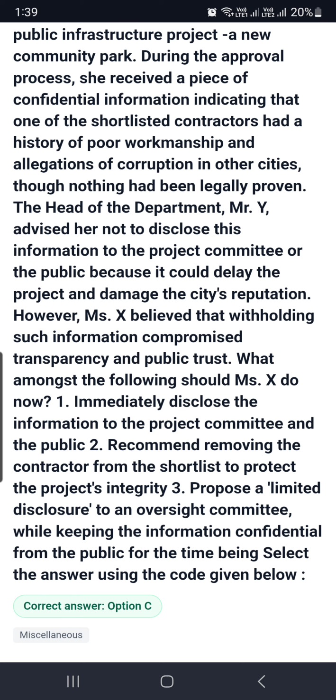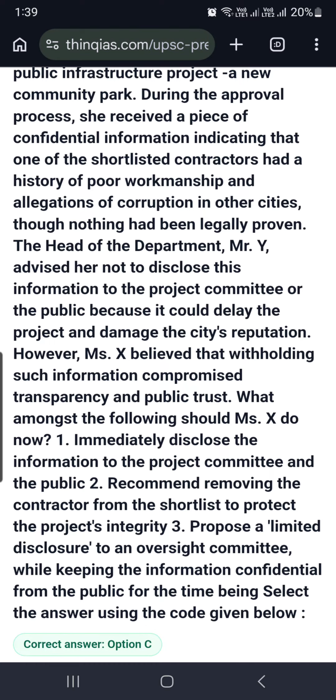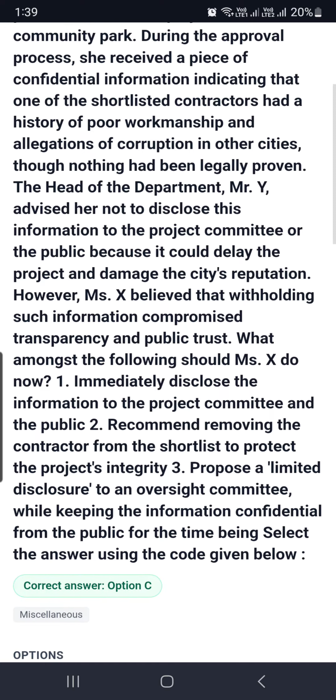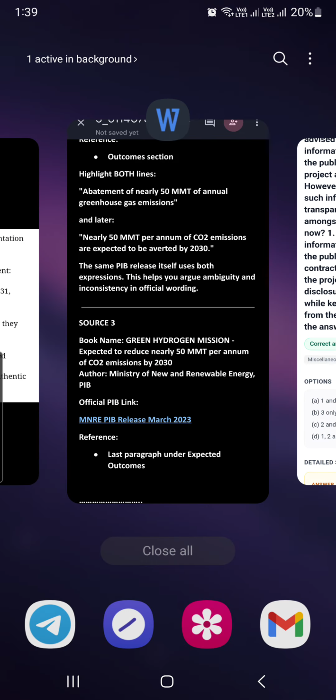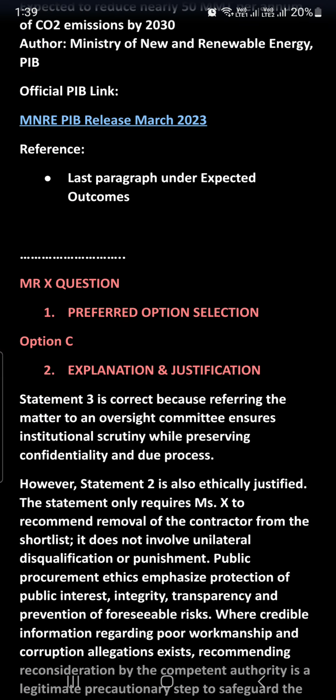So we are saying that from an ethical viewpoint, the second statement is correct, and to back that, we are saying that please select 2 also, and therefore we are claiming the answer should be C and not just 3 only, which UPSC has stated.